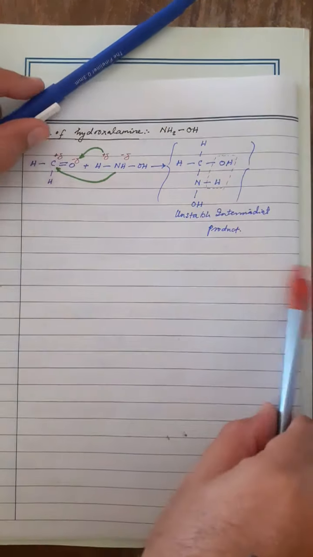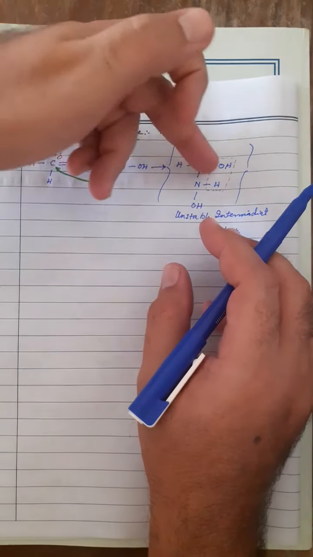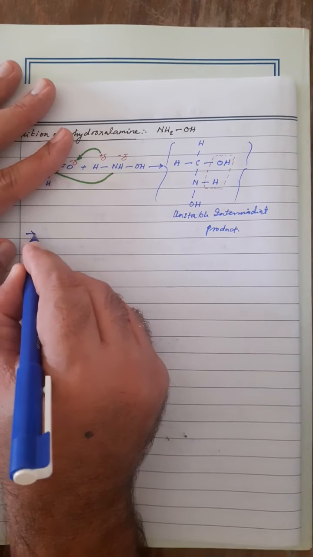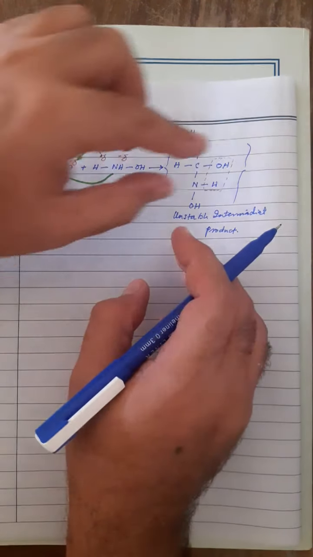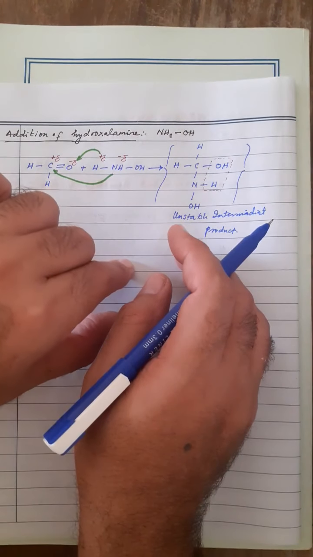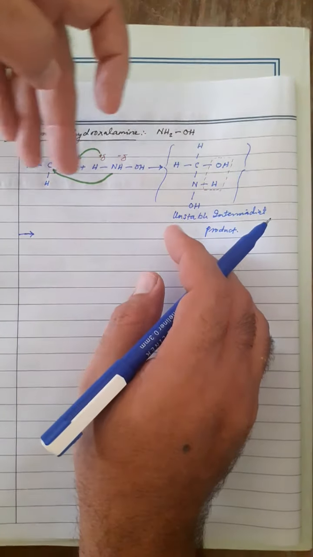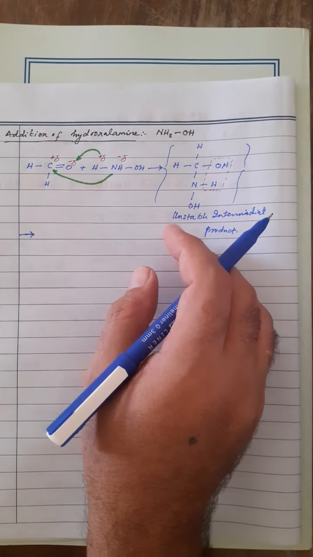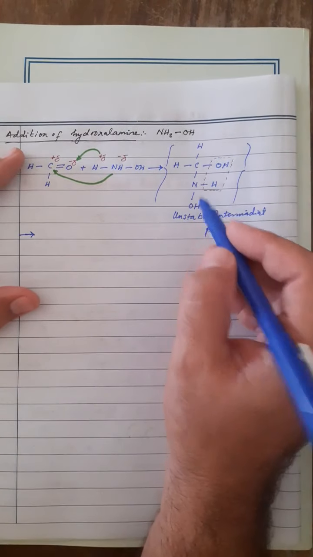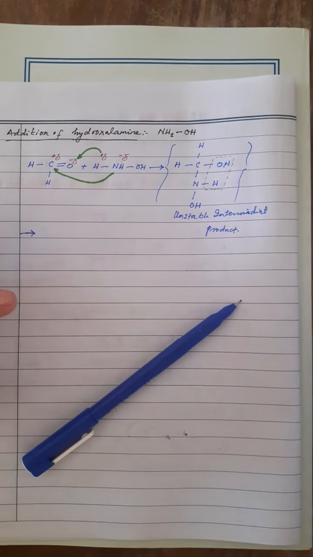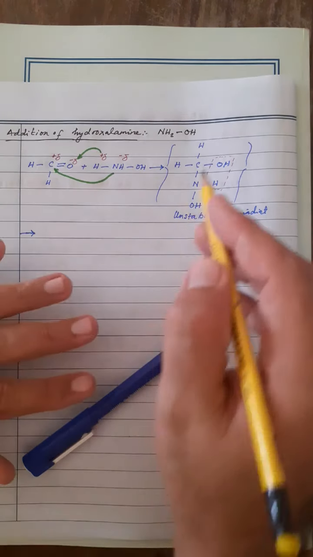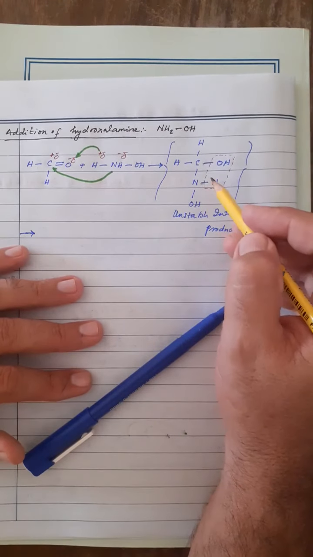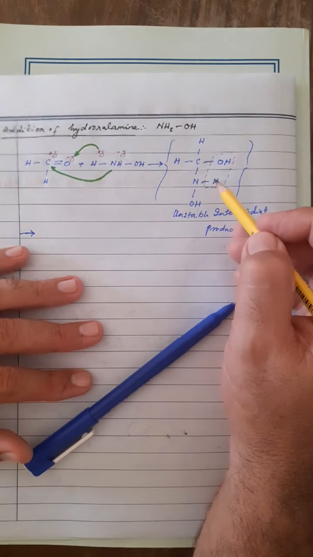So if I don't write this product here, and I extend with an arrow, you can write this one again and then proceed with the reaction, or you can write the 1, 2, 3 stages in a line. It's up to you if you have space. Okay. Now, if these two make H2O, my friends, this bond and this bond, these valencies of nitrogen and carbon will now be free.